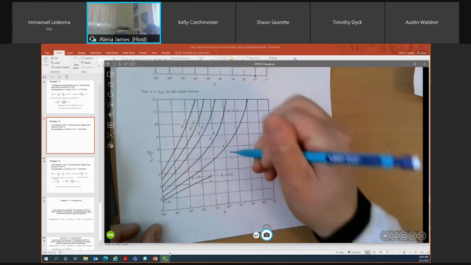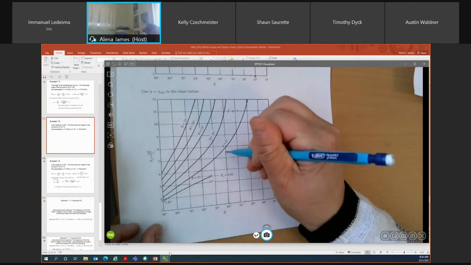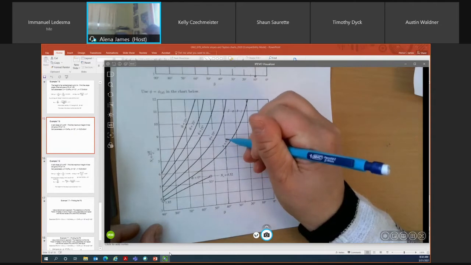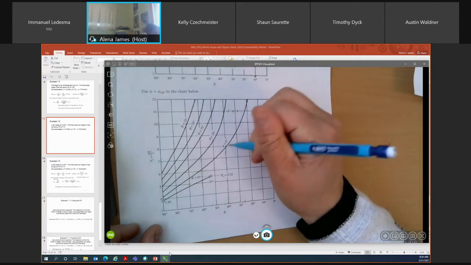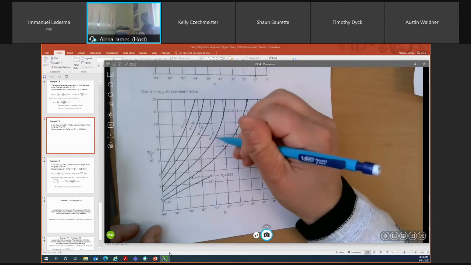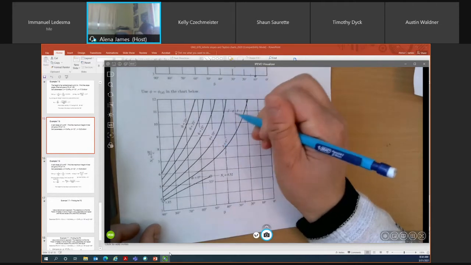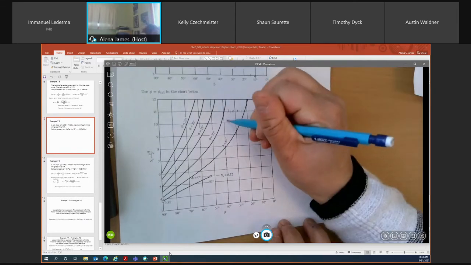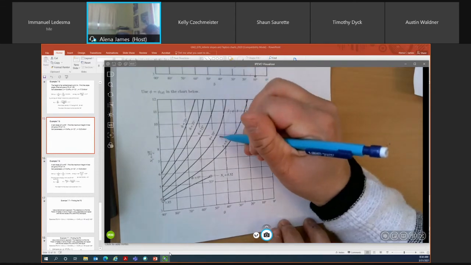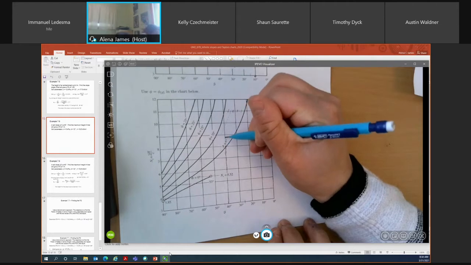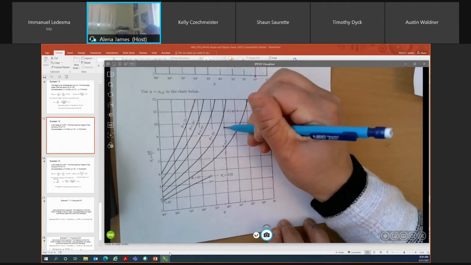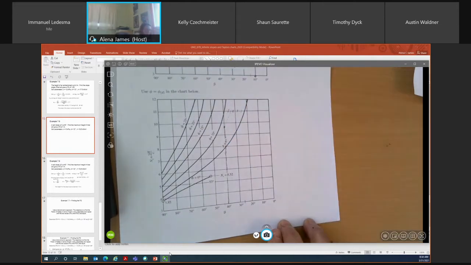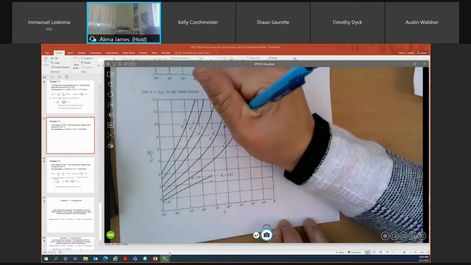So we're going to draw a vertical line up from beta equal to 40 degrees. This is a phi d value of 5, and this is a phi d value of 10. So my phi d value of 8.6 lies approximately along this line here. I'll draw this line vertically up, and it intersects my phi d value of 8.6 approximately here.